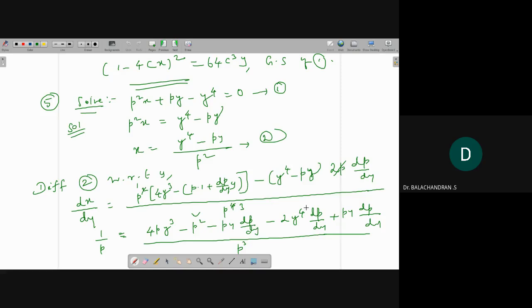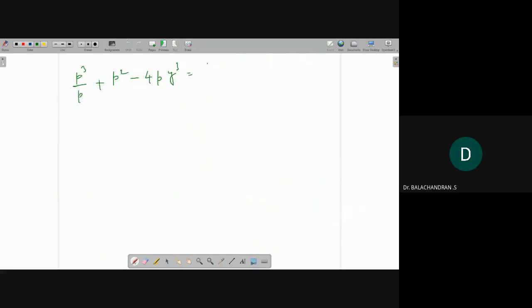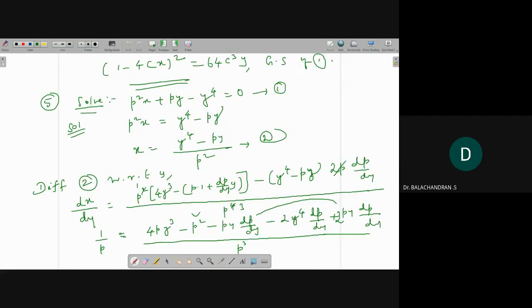I'm missing a 2 here, it's 2py. Now I should add these two: we get py into dp by dy and minus 2 y power 4 into dp by dy.